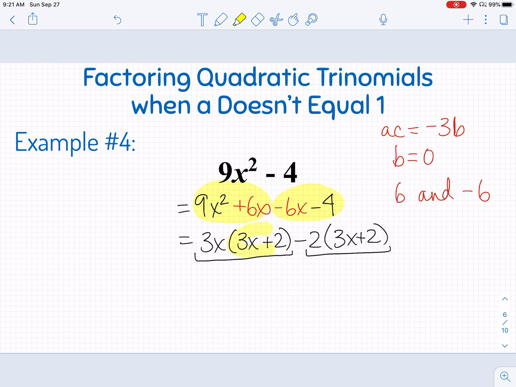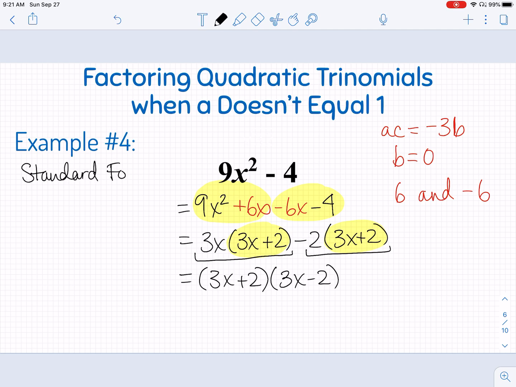So the GCF here is 3x plus 2. So what's my factored form for this original standard form? So my end answer is going to be 3x plus 2, 3x minus 2. This is standard form. And this at the end is factored form.